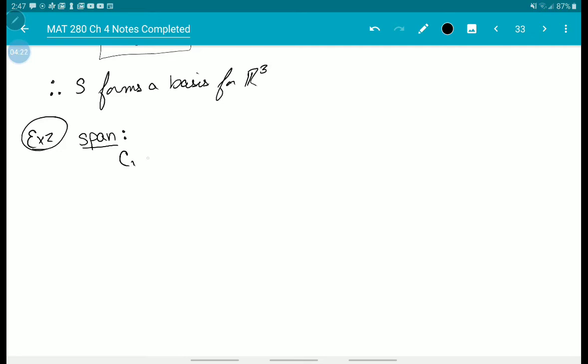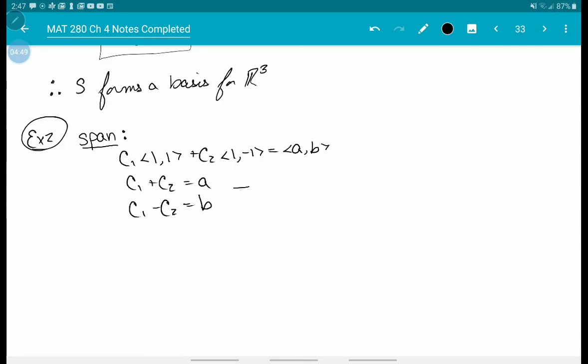If we take c1 times v1 plus c2 times v2, can we form any vector in R2 by taking that linear combination? That's what we want to answer. So there's our system.